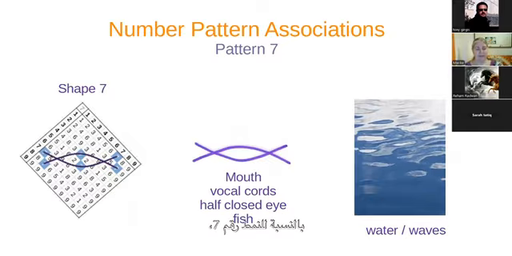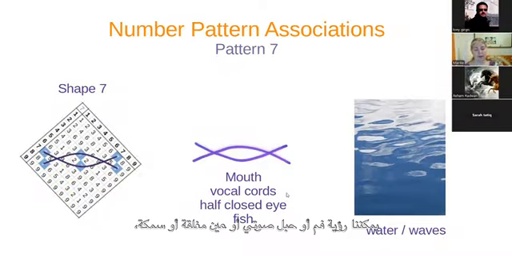For pattern number 7, we can see a mouth, vocal cords, a half closed eye, or fish, and the element of water.